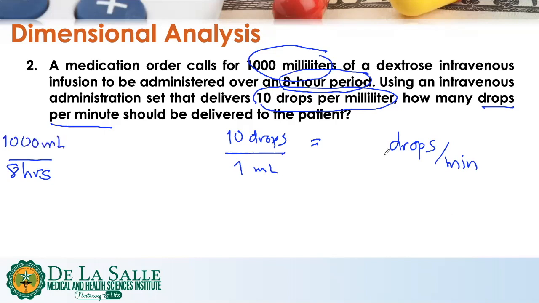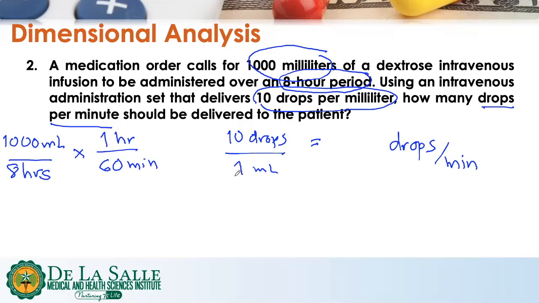So we need to take 1,000 milliliters of the medication over an 8-hour period. Now we know that 1 hour is equivalent to 60 minutes. This is the conversion factor that is necessary in order for our final quantity to have the unit minutes.